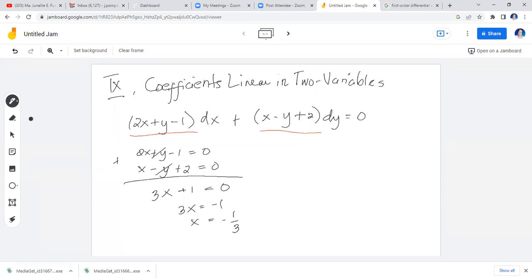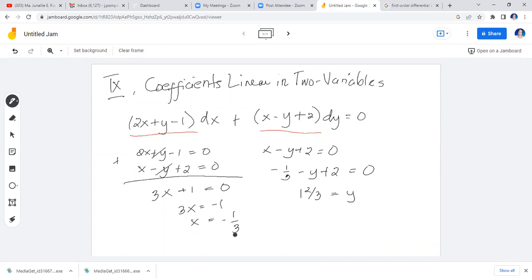Okay? Now, then you go back to any of the equations that you have here and substitute the -1/3 to find the y. So let's say we'll use the second one because it's simpler. So you have x - y + 2 = 0. And you substitute this one, -1/3 - y + 2 = 0. If I transfer the y in here, that makes it positive. And I have -1/3 + 2, so that would be 1 and 2/3 equal to y.